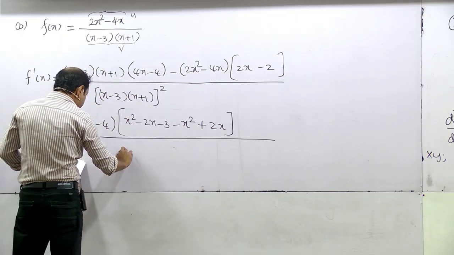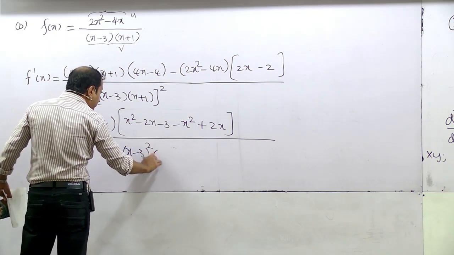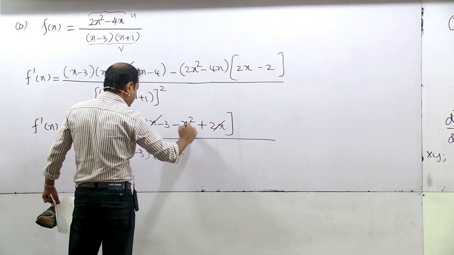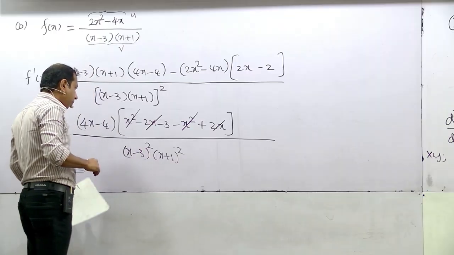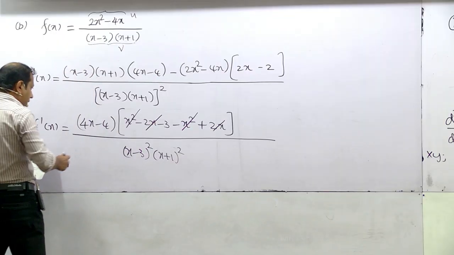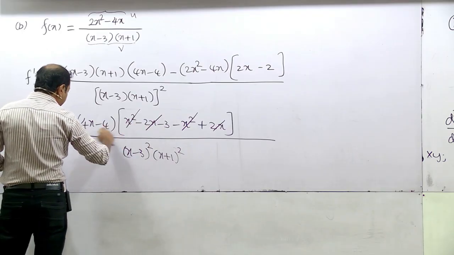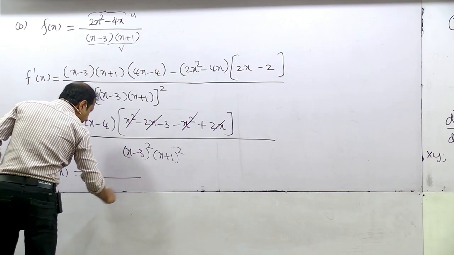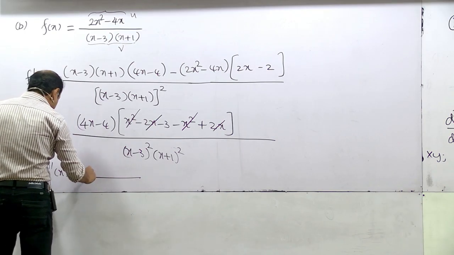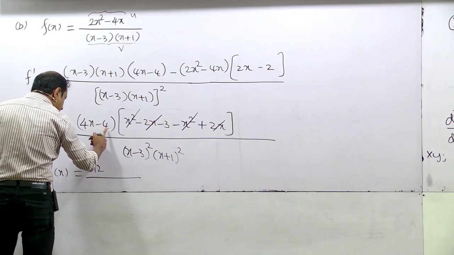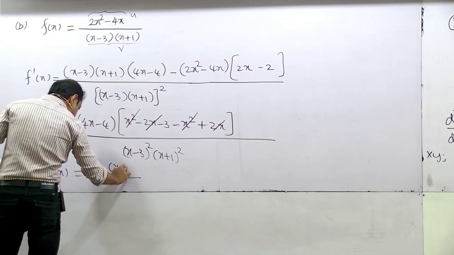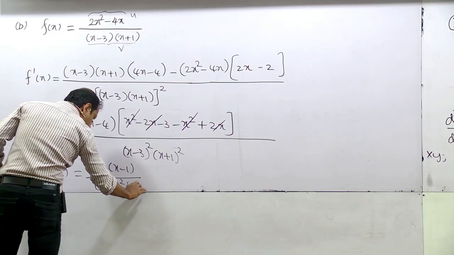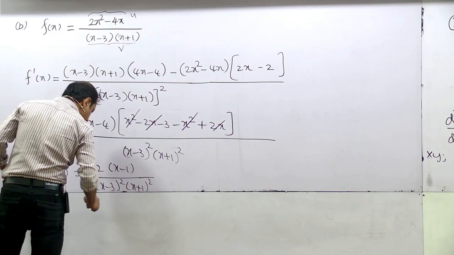Then in the denominator we have (x − 3)² (x + 1)². Minus 2x plus 2x we can cancel down. Then take this 4 out, and with this minus 3 we get 12 there: f′(x) = −12(x − 1)/((x − 3)²(x + 1)²).